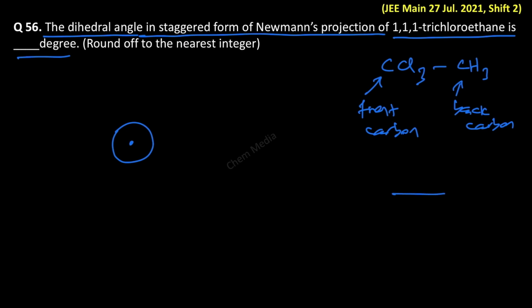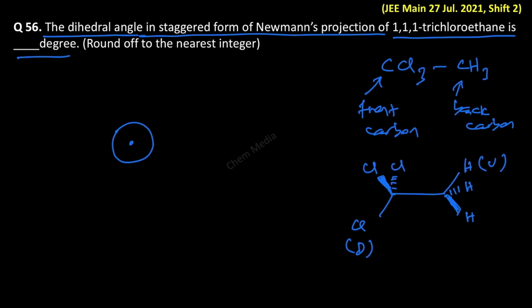We have the carbon-carbon single bond and then 1 chlorine down, hydrogen up, and then 1 hydrogen away from us, and then 1 hydrogen is towards us. On this side 1 chlorine is towards us and 1 chlorine is away from us.